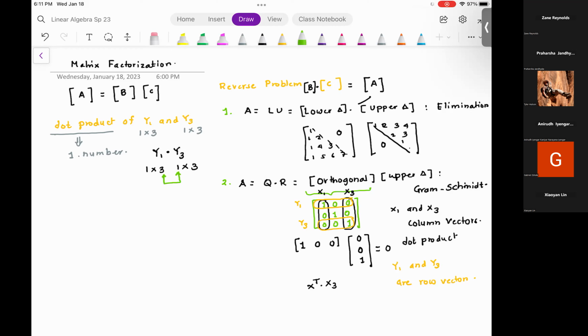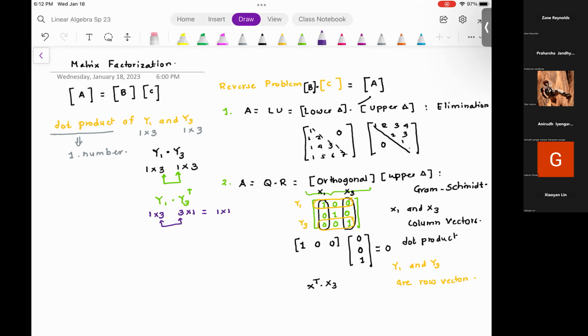Since it is 1 times 3, this matrix multiplication is not possible. So what I need to do is I need to do y1 times y3 transpose, and when that happens, I have 1 times 3, 3 times 1, these two numbers match, and finally I get 1 times 1.